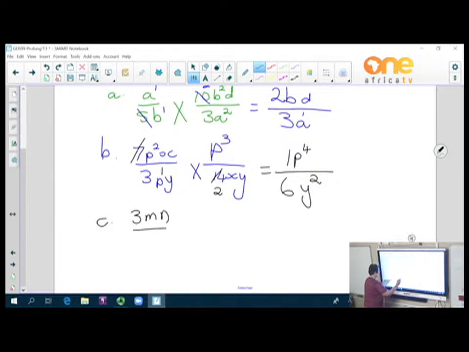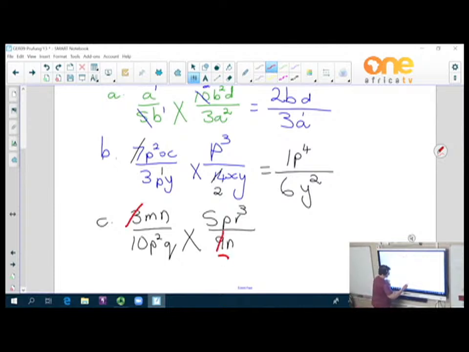3mn over 10p squared q. I immediately do that first step to multiply with the reciprocal, and that is then 9n. So now we have to look what can cancel out. 3 divides into 9 3 times. 5 divides into 10 2 times.